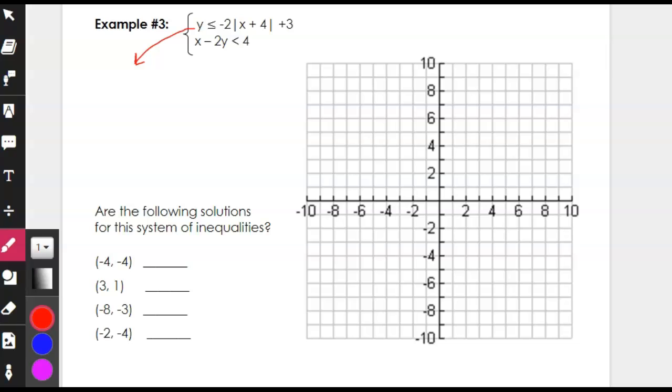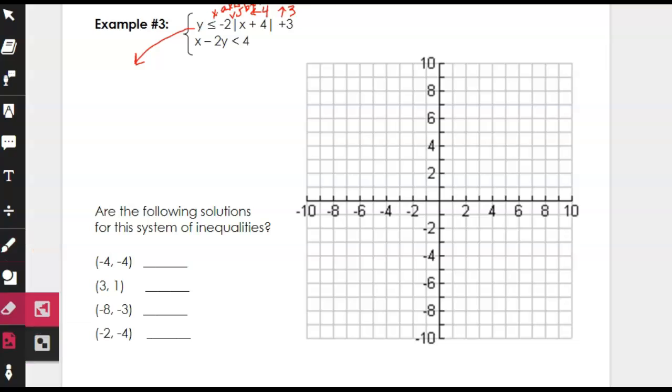Remember, that's a V with a vertex at the origin, and it looks like we have a shift 4 to the left, a shift 3 up, a reflection over the x-axis, and a vertical stretch by 2.